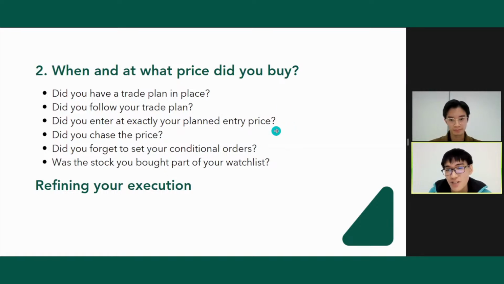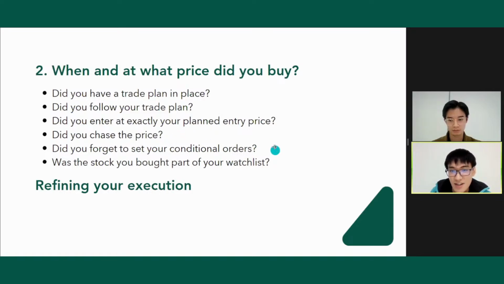Or parang naghabol ka, diba? Example, you plan to buy the stock at 1 peso, pero umakyat na ng 1.10, hinabol mo pa rin, diba? That means you didn't follow your trade plan. That's something that you did wrong. So you have to think about whether you really followed your trade plan or not.